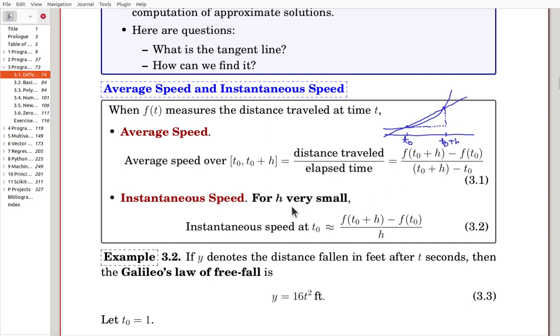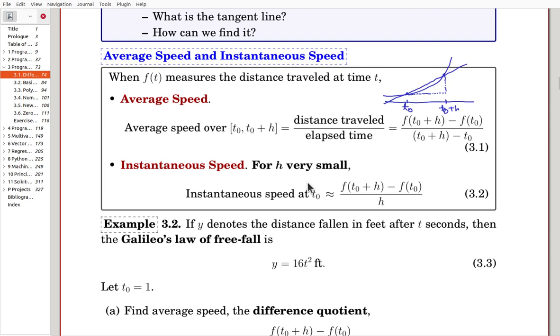So once you choose h very small, this quotient will approximate the instantaneous speed quite well. Now we'll deal with this example along with a specific function.